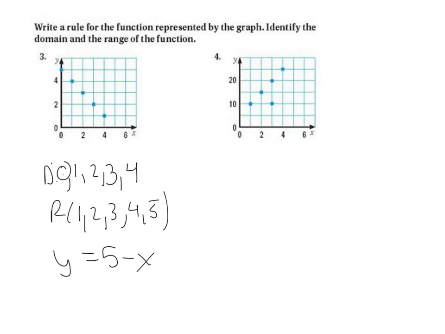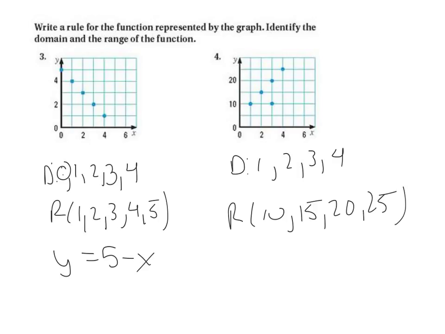Okay? Now, again, let's identify domain. We have 1, 2, 3, and 4. The range we have 10, 15, 20, 25. So I look. Do you see how these are increasing by 5 each time? So I know there's a 5.